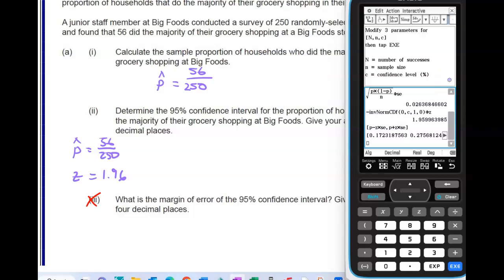We'll talk about margin of error next time I see you, but you can put that in as well. And then you can give your interval. So at least you will get some marks, because for a 3-mark question, answer only is not enough.